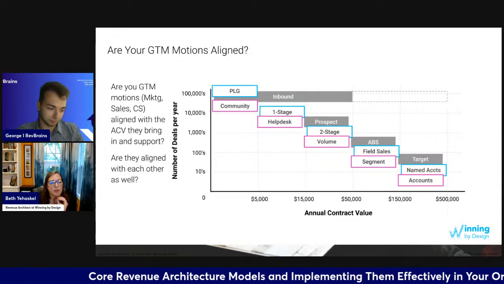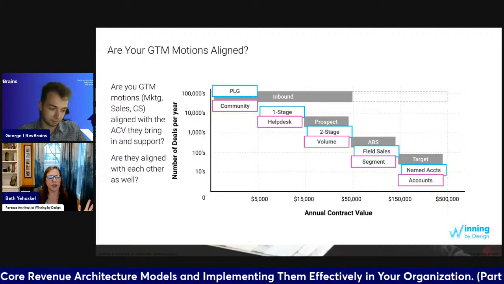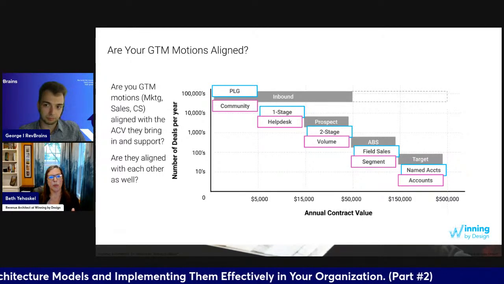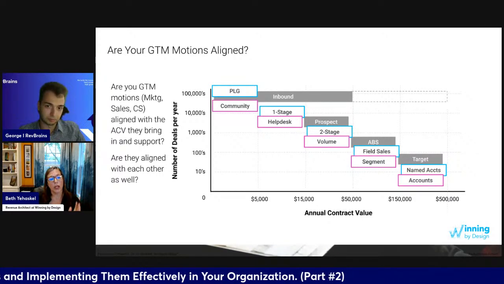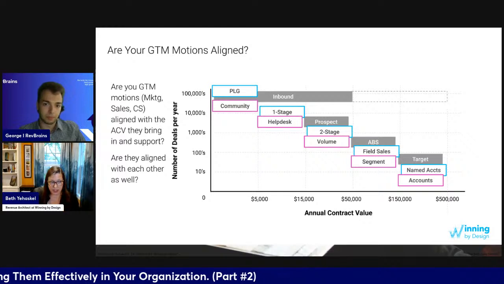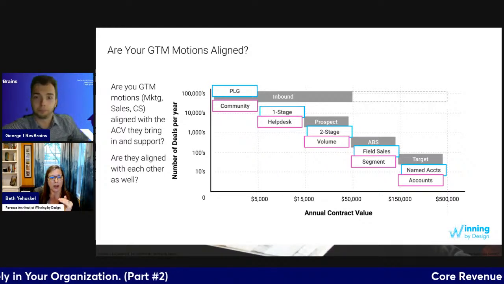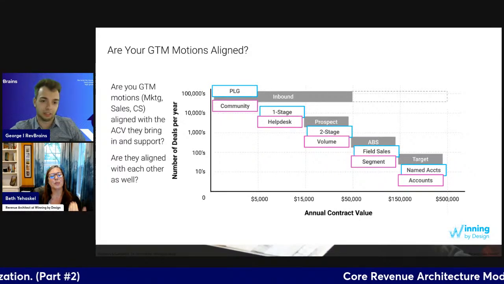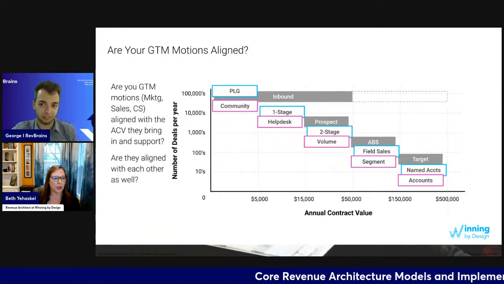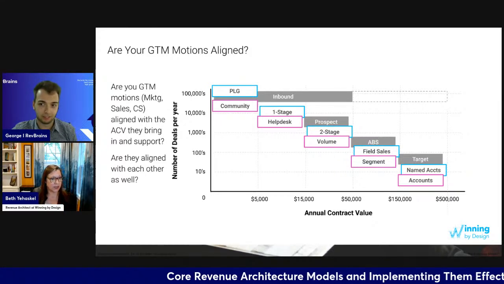And the important thing to remember is just from a logical unit economic standpoint, you want to make sure that what you are spending and the level of touch that you have in your marketing, sales, and CS motions makes sense for the ACV that you're pulling in for a certain set of deals.